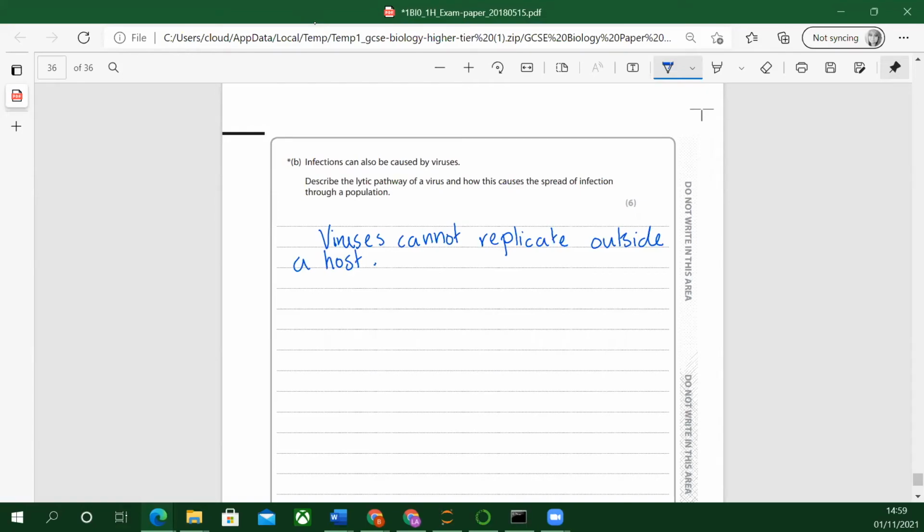Okay, they use host cells, even your own cells, to produce viral proteins by inserting genetic machinery into the host cell.